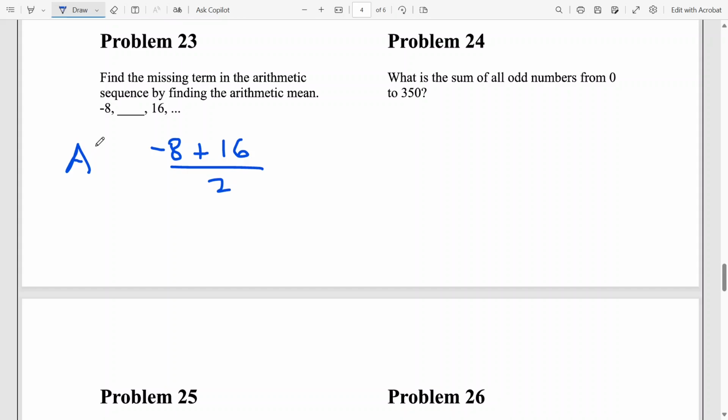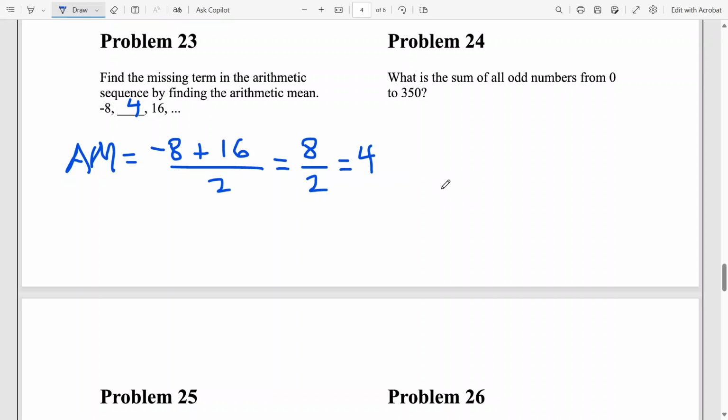That's how we get the arithmetic mean. We average the two numbers, so mean average, right? So -8 plus 16 is 8. Divide that by 2, and we get a 4. So our next term should be 4, which makes sense. Go from -8 to 4, you jump by 12, and then 4 plus 12 is 16.